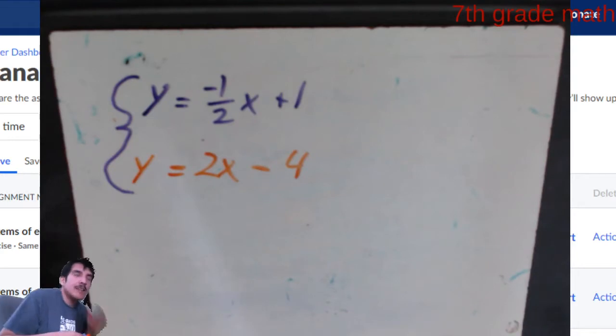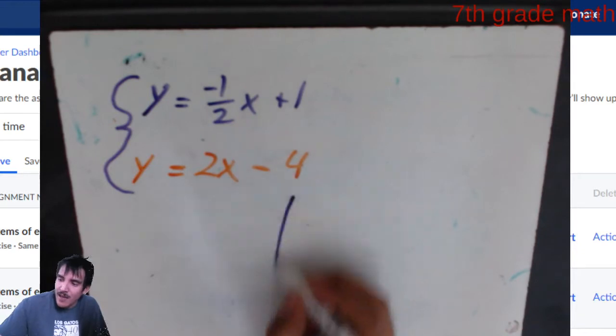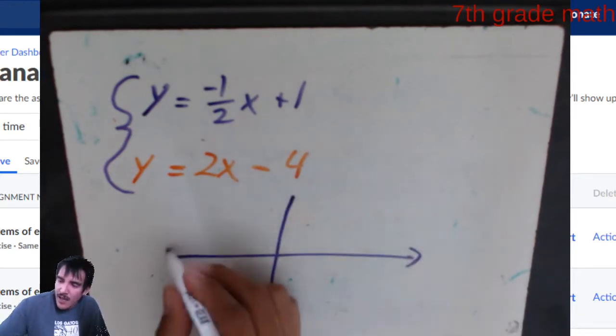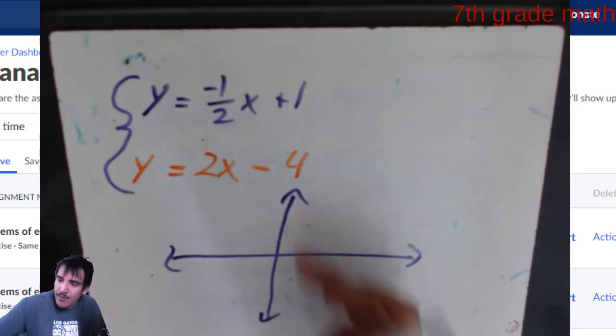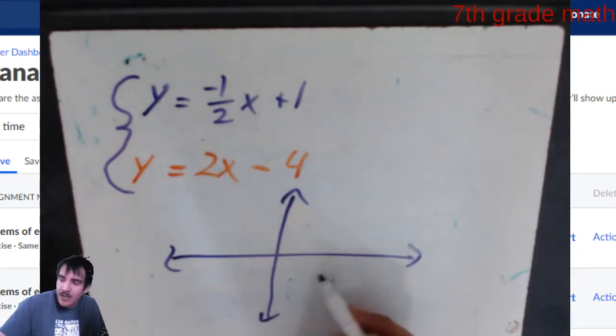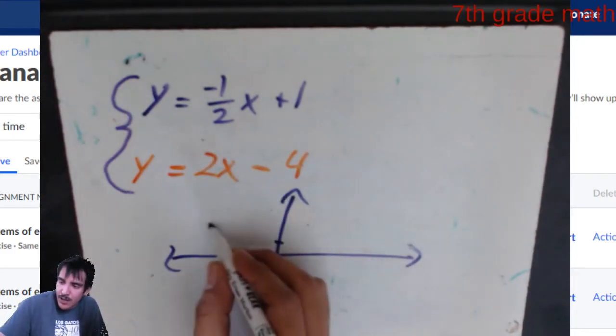And the way we talked about solving a system of equations was that you had to take both of these equations and graph them both. For example, the purple one is going to look a little like this.